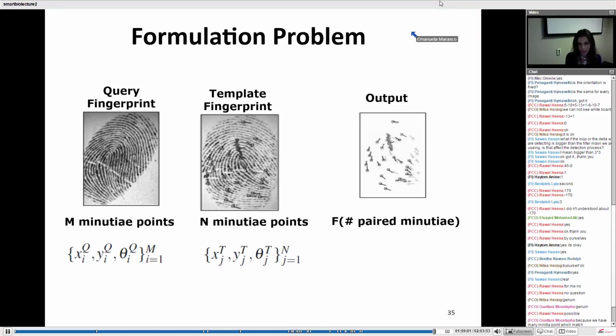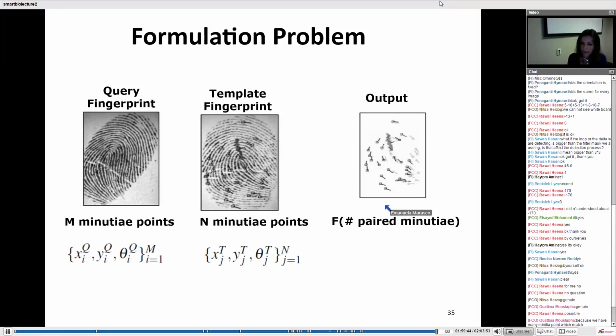The problem formulation. So which formulation, which problem? The matching, right? We always have the query fingerprint, which can be, as in this case, affected by displacement of the finger, so distorted with a different orientation, and then the template. We extract the minutia points from each of these 2 images, from the query and from the template.